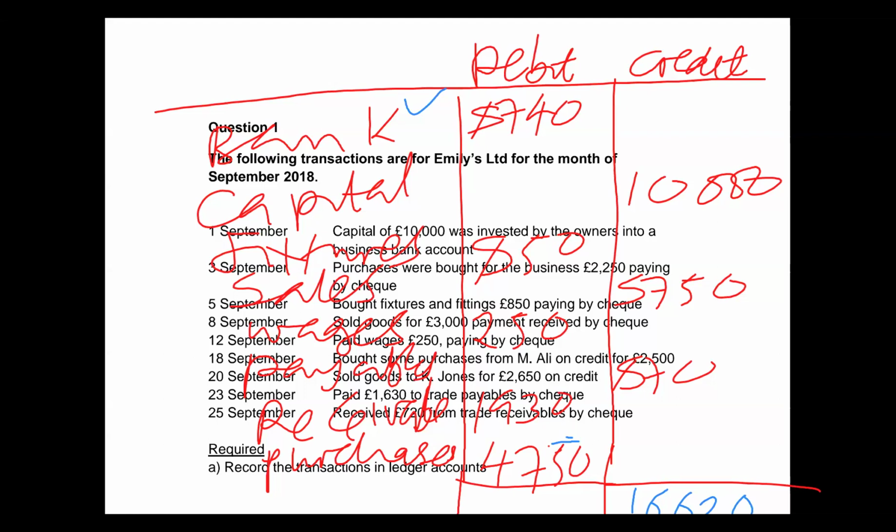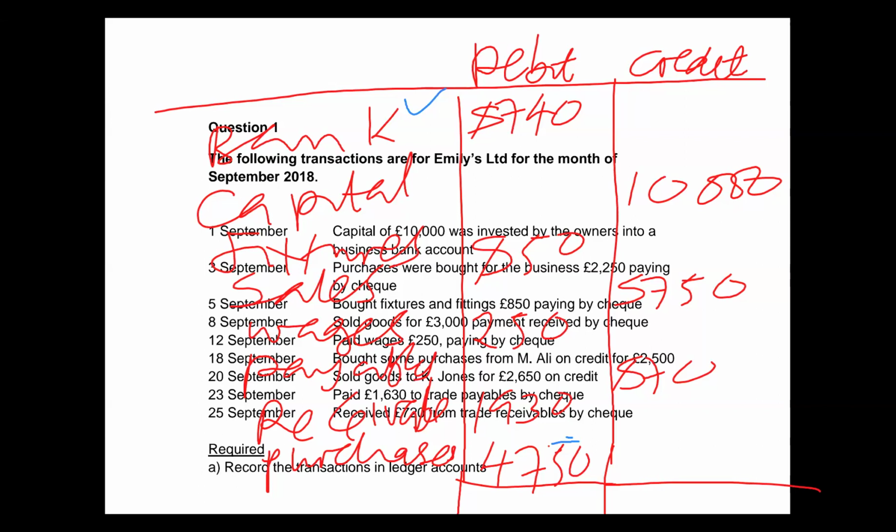Hold on, let me just check one more time. 2250 plus 850 plus 250 plus 1630 gives me 4980.